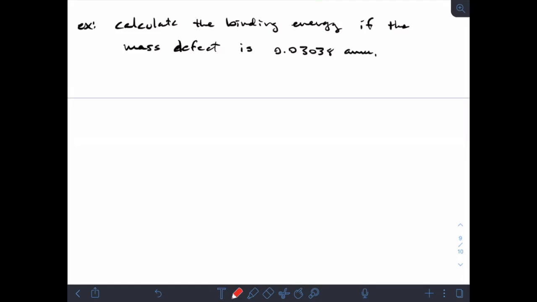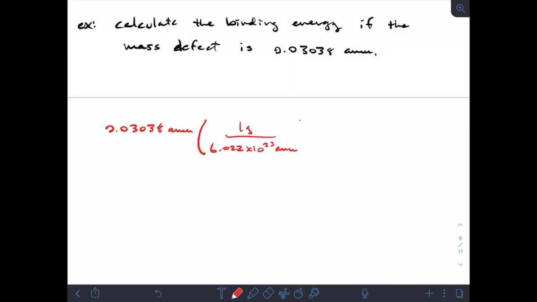So let's convert our AMU to kilograms, and that will make our lives a little bit easier to get into the equation. 0.03038 AMU, with Avogadro's number worth of AMU per gram, converted to kilograms.